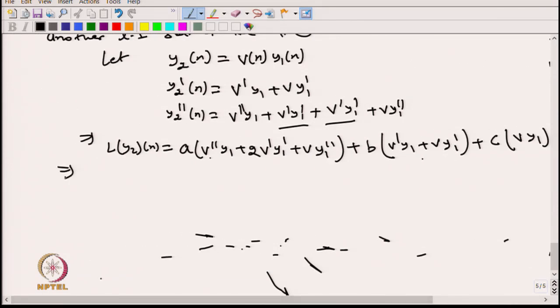Now, from here I will separate all the quantities related to y1.